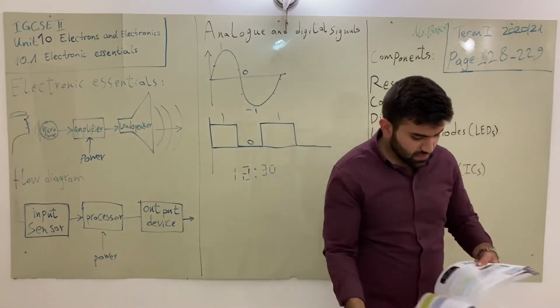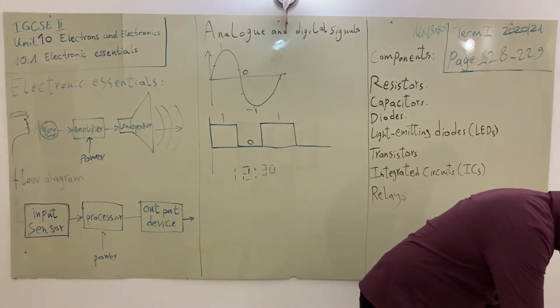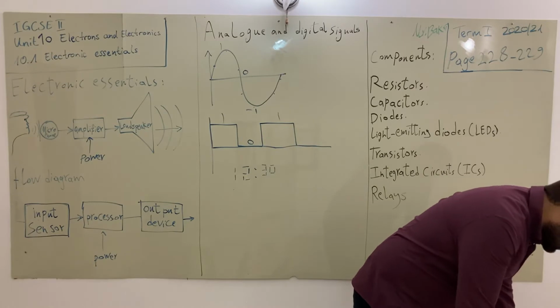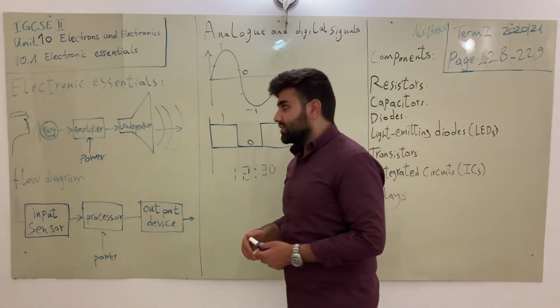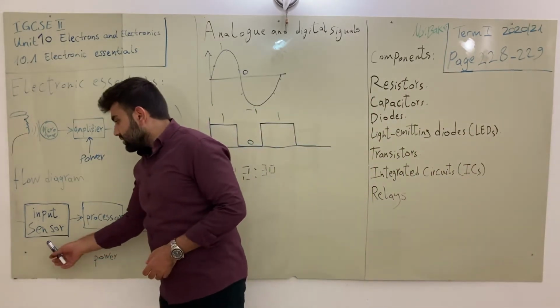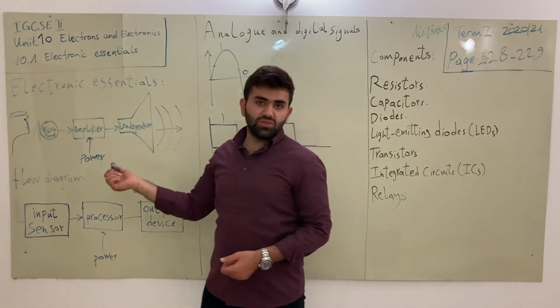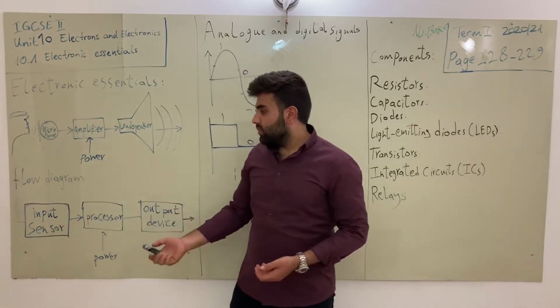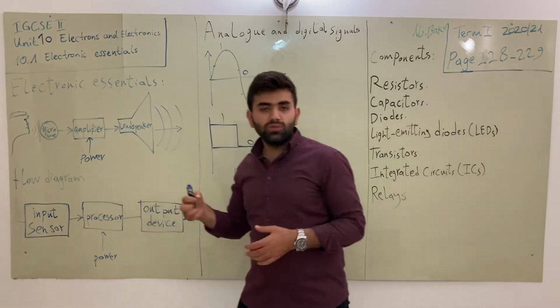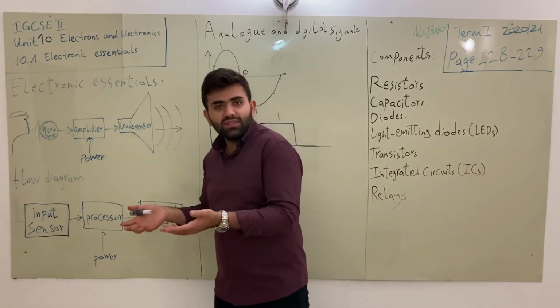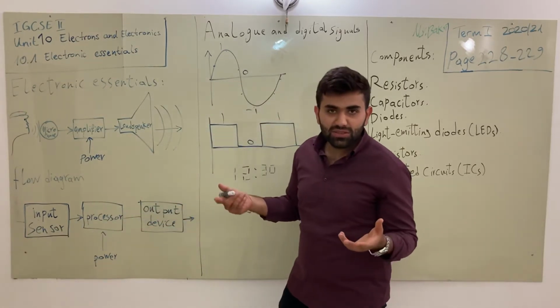We talked about the input sensor, the processor and the output device. Everything, whether digital or analog, has sensors or inputs that give us the current changes.